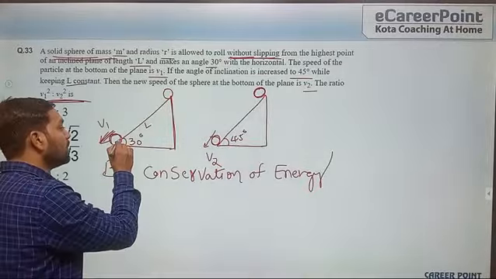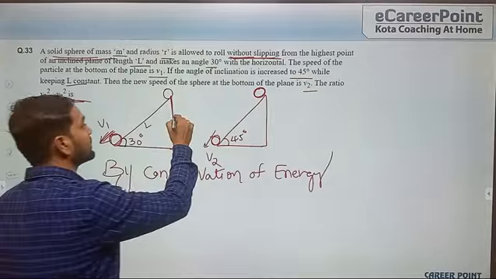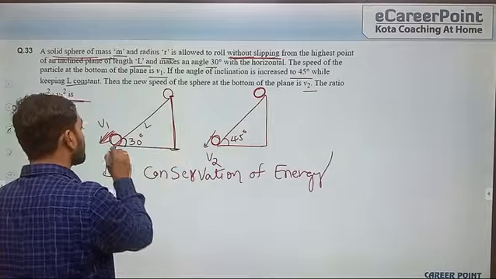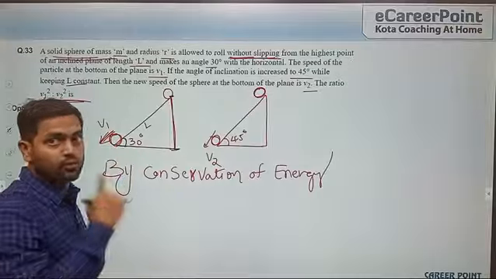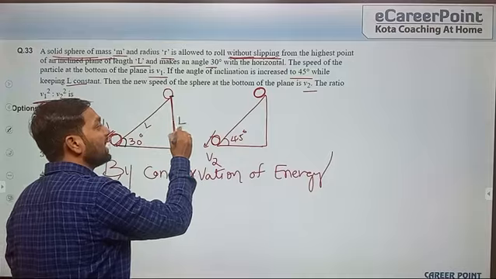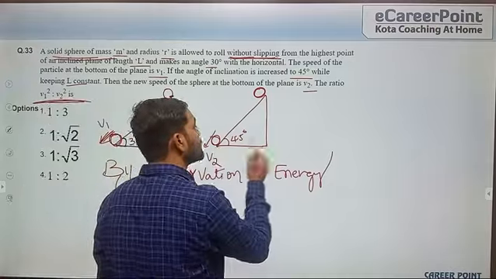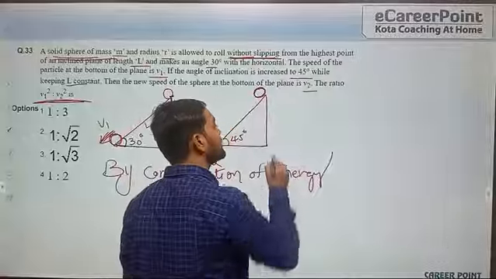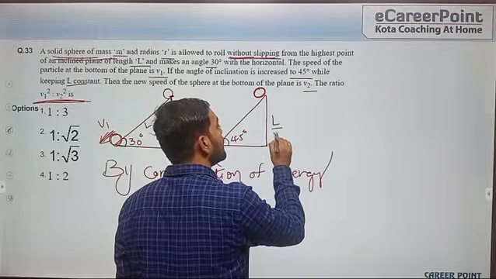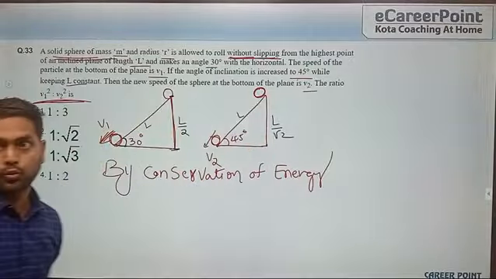This is 30 degrees, so sine 30 degrees equals 1 by 2. That means the height is L by 2, right? And here sine 45 degrees equals 1 by root 2, so the height is L by root 2, right?